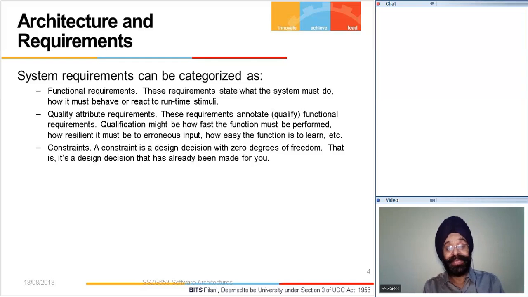They will tell you that we are not willing to place certain data on the cloud. Well, you can try convincing them, but that's a decision that they've taken. So these sorts of things are called constraints, and an architect has to bear these constraints in mind. So we have a three-pronged requirement: we've got functions, we've got quality attributes, and we've got constraints.